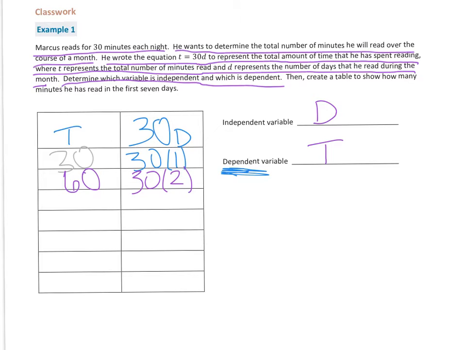If D is 5, then T is 150. How about if D is 10? Then T would be 300.